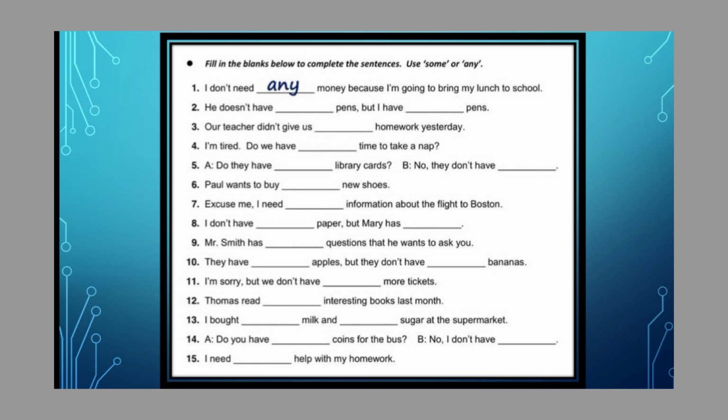Next, Mr. Smith has dash questions that he wants to ask you. Mr. Smith has some questions that he wants to ask you. The tenth question is, they have dash apples, but they don't have dash bananas. The first sentence is positive and the second sentence is negative. They have some apples, but they don't have any bananas.